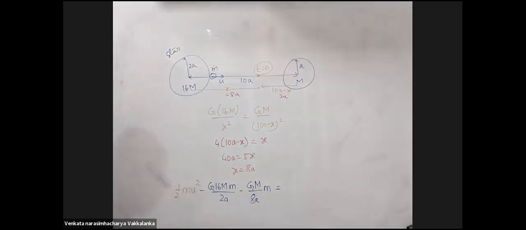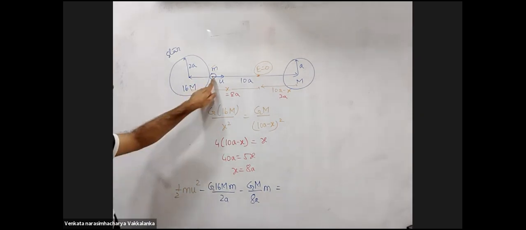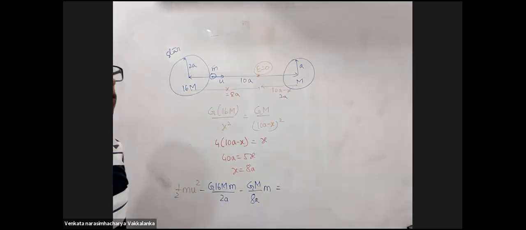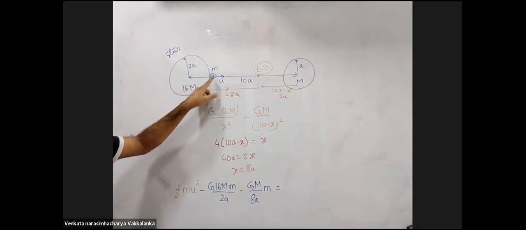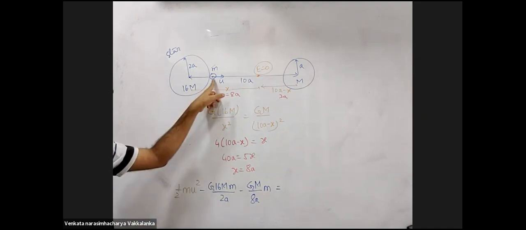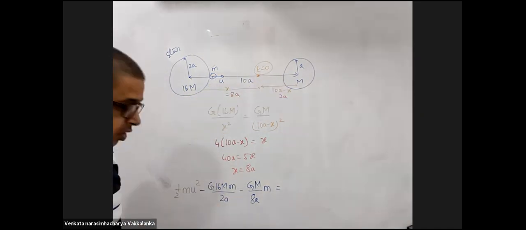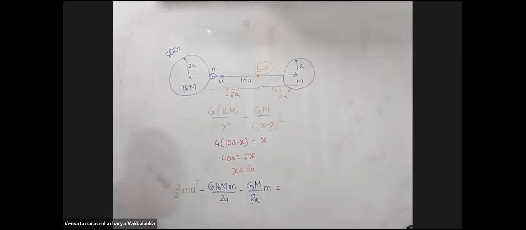This is the total mechanical energy here. Obviously, there is potential energy between small m and capital M. This is kinetic energy of small m, potential energy between the two, potential energy between these two. Quite a few times students forget this.